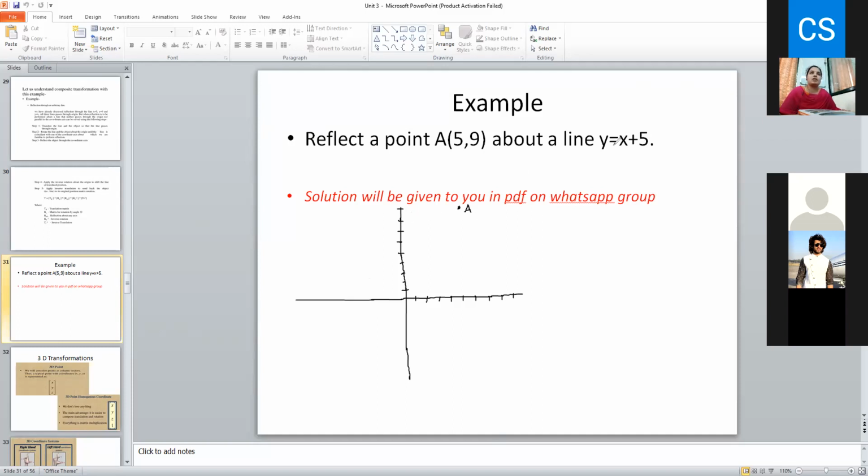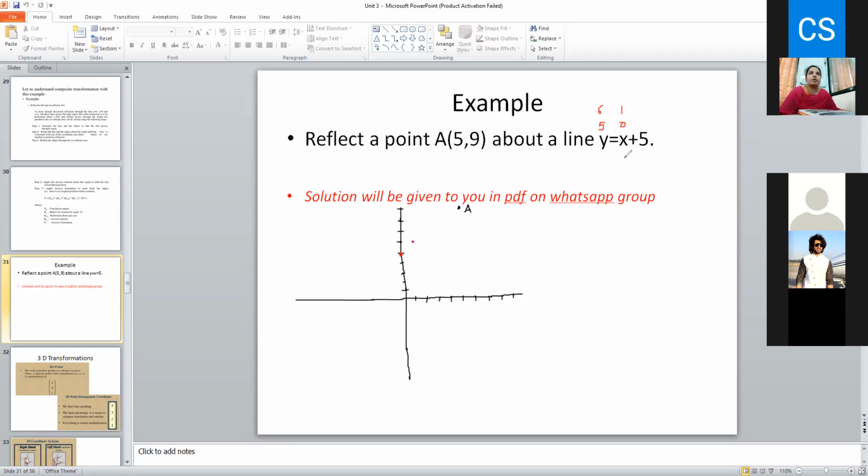All of you agree? So the first point on the line is x equal to 0, y equal to 5. Then x equal to 1, y becomes 6.